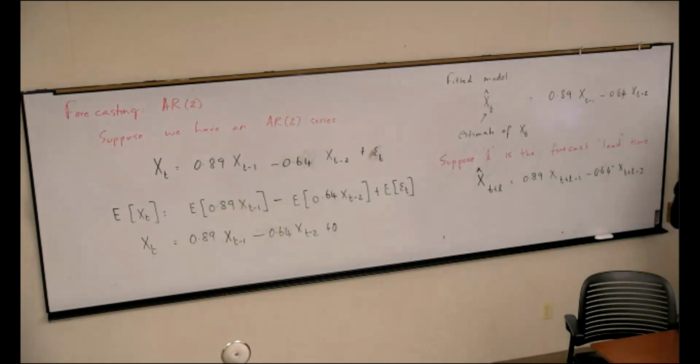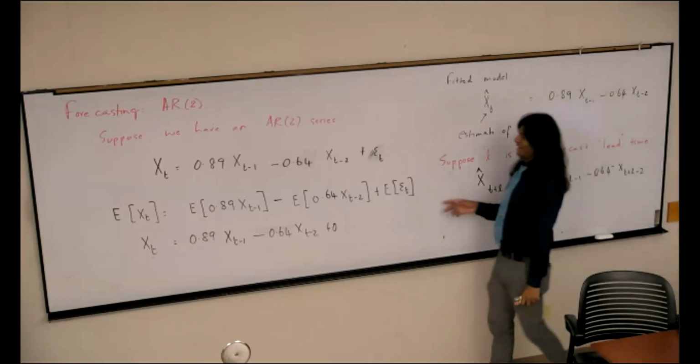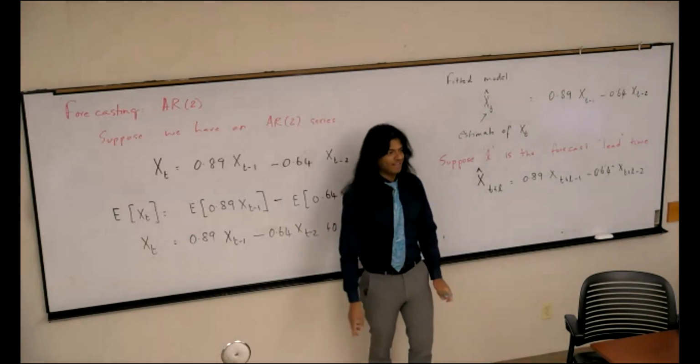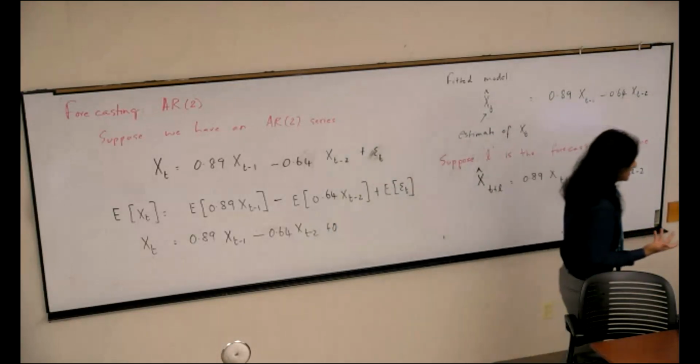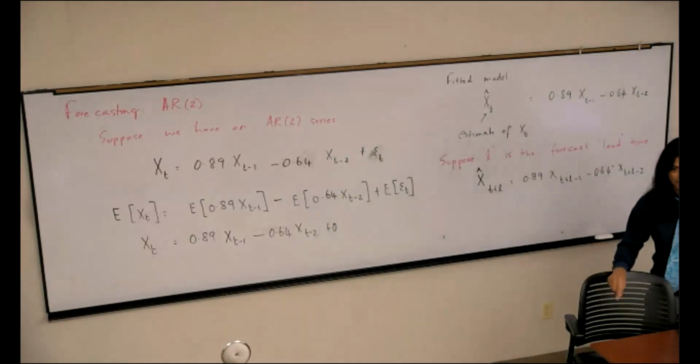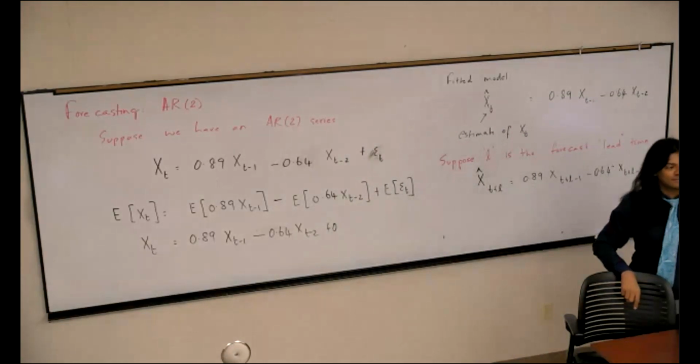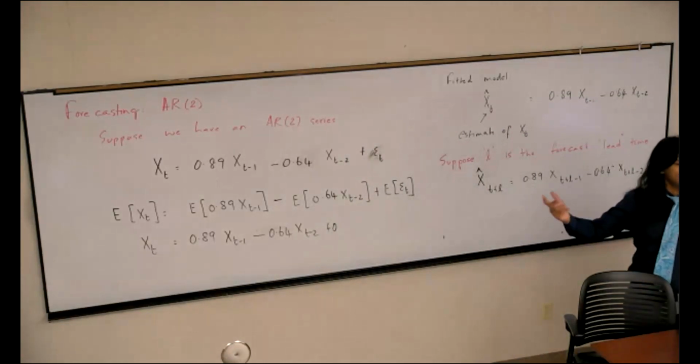Any thoughts as to why I had to change it to minus 0.64? When I put those values 0.89 and 0.62 and tried to simulate a series, I got an error because it wasn't stationary. Well, when does it happen? What is the condition for stationarity?